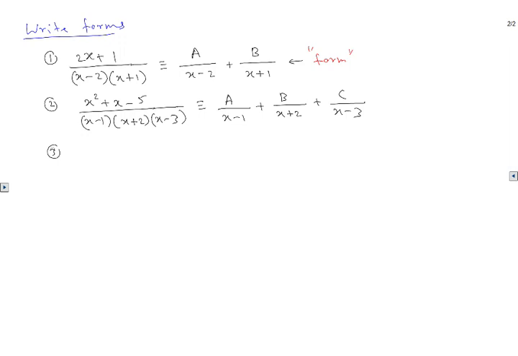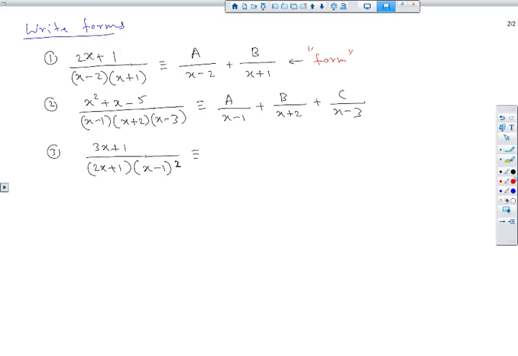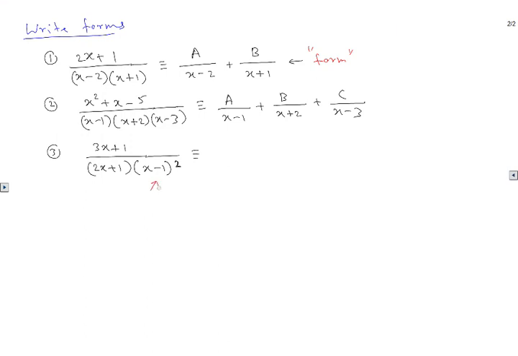And then the third one: how about we see a repeated factor, for example 3x plus 1 over 2x plus 1 times x minus 1 squared. The only difference is the repeated factor.